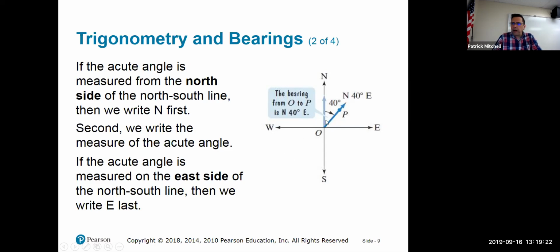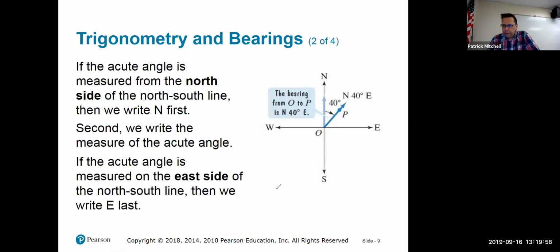The second thing we write is the acute angle that the ray going from O to P makes with the y-axis. In this case, that's 40 degrees. And then the last thing you have to say is whether the point is to the east or to the west of the y-axis. This point is to the east. So the bearing from O to P in this problem is north 40 degrees east.